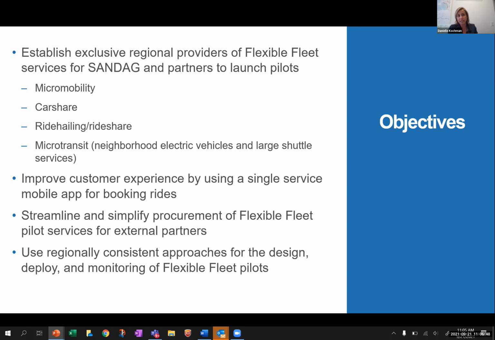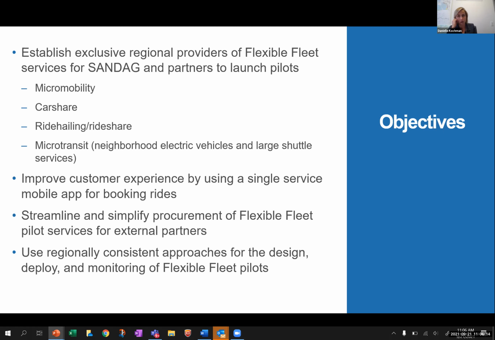So we are looking to hire vendors for different categories. As we talked about, micromobility, also a car share program, and ride hailing / ride share. We've put those together, and then microtransit. Another opportunity that comes from doing this flexible fleet procurement is that we'll have a preferred vendor for the region for the next 3 to 5 years.